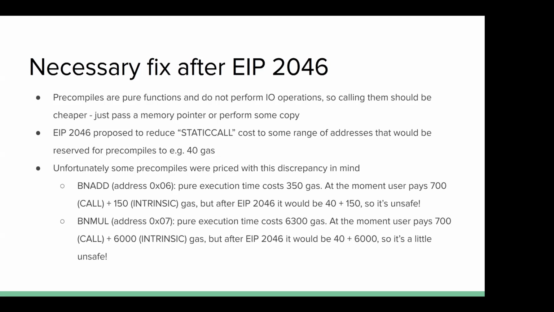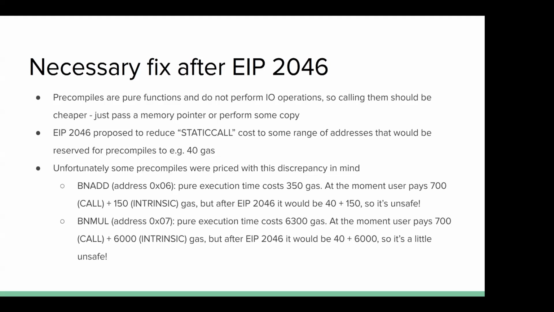At the moment, the user actually pays only 150 for this precompile, but the user also pays 700 to actually perform a call to the precompile. So it's 850, so it's safe in a sense that it's larger than the actual time which is taken to execute. So it's larger than the pure execution cost in terms of gas.